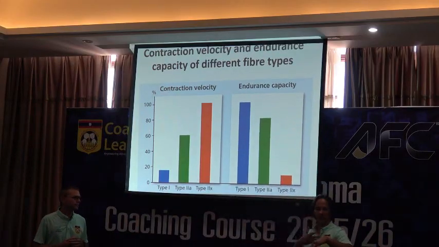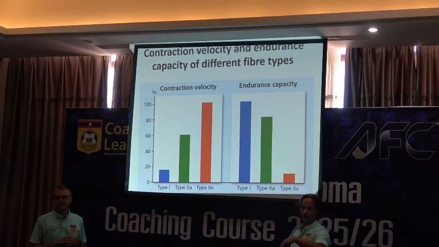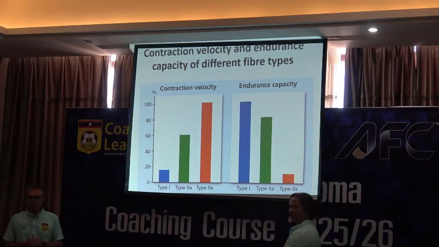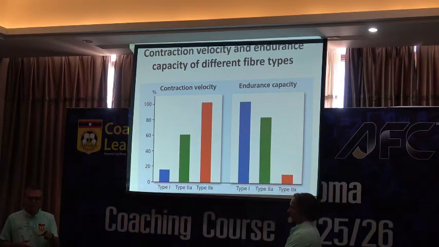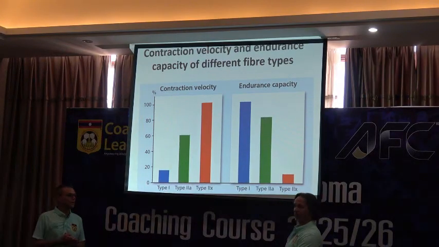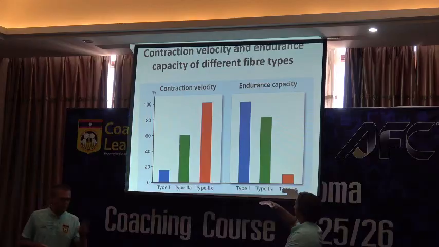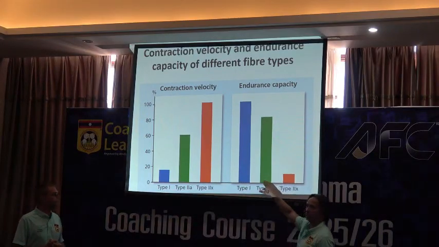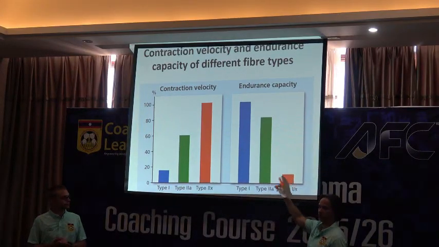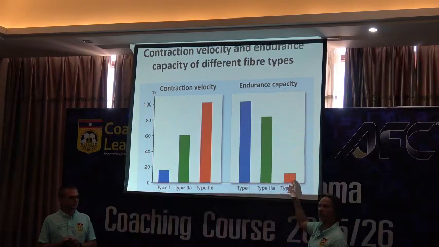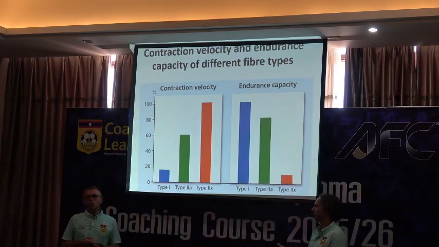Tapering, lower volume: they decrease the volume of training, but they maintain the intensity high. And then there will be a transversion of type 2A to type 2X so that they can be as explosive as possible for the event.